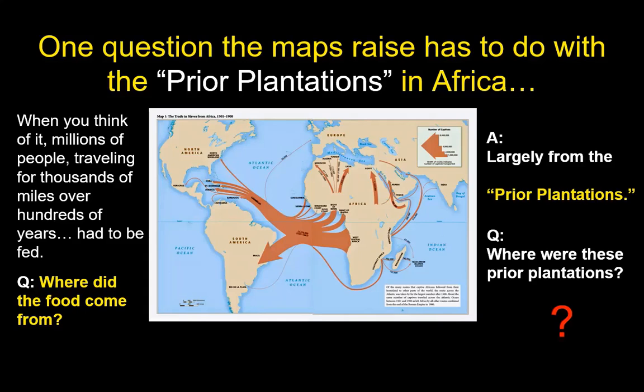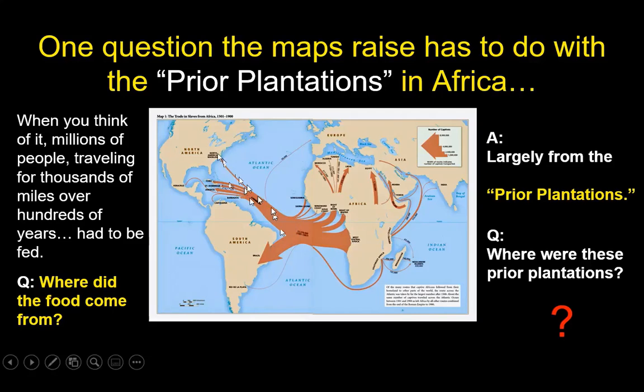In effect, if you look at the different portions which the historians have now been able to assign in the contributions of different regions of Africa to the transatlantic trade over the entire period of the 17th, 18th, and 19th century, you can learn something, but in a sense, these maps raise more questions than they answer.